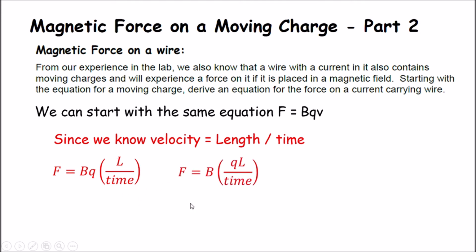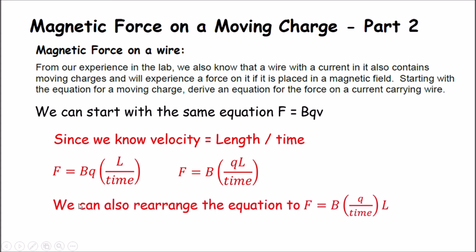Well, we can also rearrange this. Since all this stuff is just multiplied by each other, we can arrange this as B times Q over L divided by time. So I just took this Q and moved it up in there since all this stuff's multiplied. And lastly, we can also rearrange the equation so that Q and L are up here, and I could move the L down to here if I wanted.